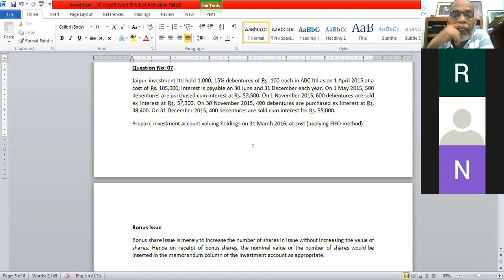Interest is payable on 30th June and 31st December each year. On 1st May 2015, 500 debentures are purchased on cum dividend basis. On 1st November 2015, 600 debentures are sold on ex-dividend basis. Prepare the investment account valuing the holding on 31st March, applying the FIFO method.